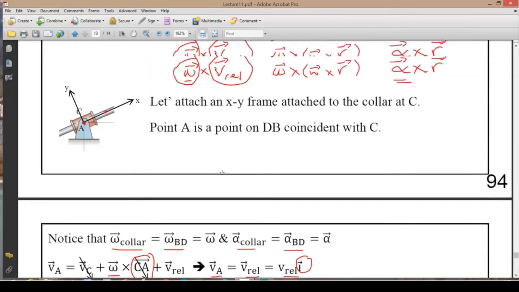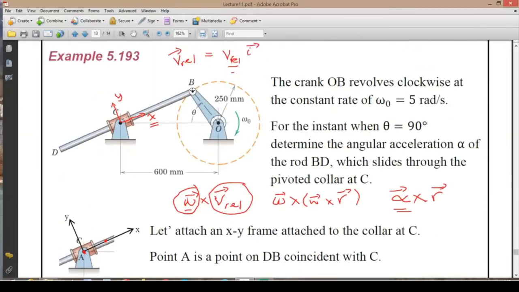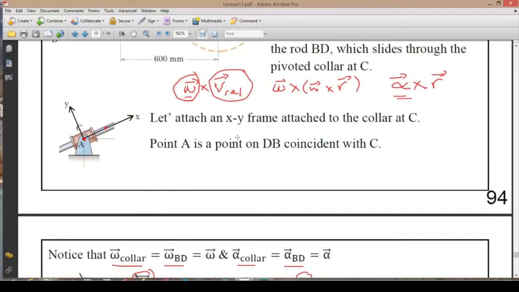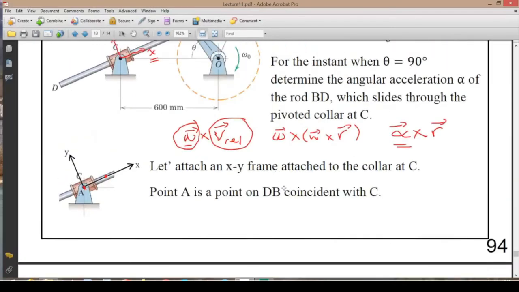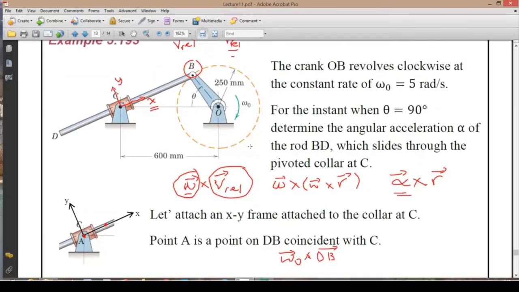Why is that important? Because we already know a velocity of a point on this rigid body, velocity of B. How do I calculate that? Omega 0 times this radius would give me the velocity information, right? So it's quite easy to calculate. It will be just equal to omega 0 cross product OB vector, whatever the instant is.